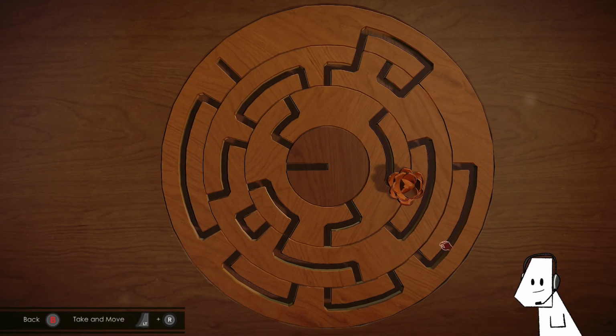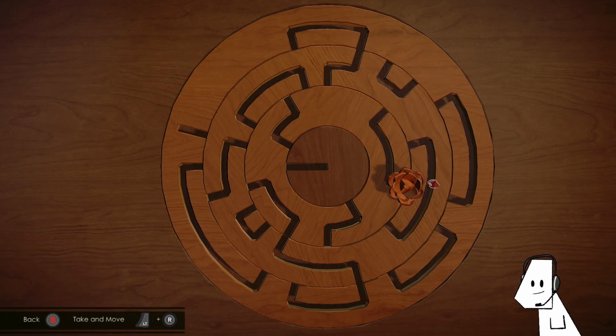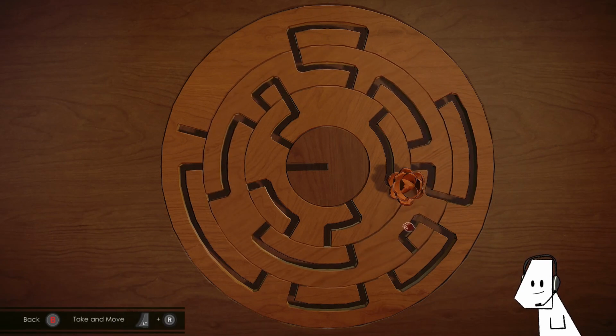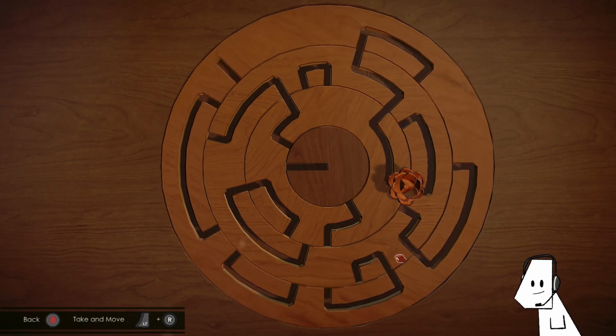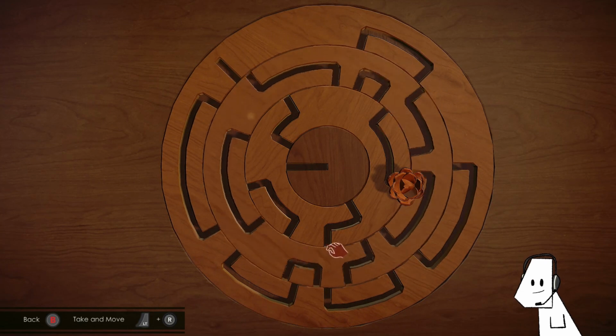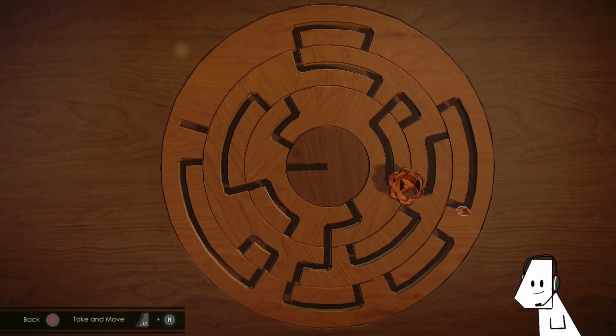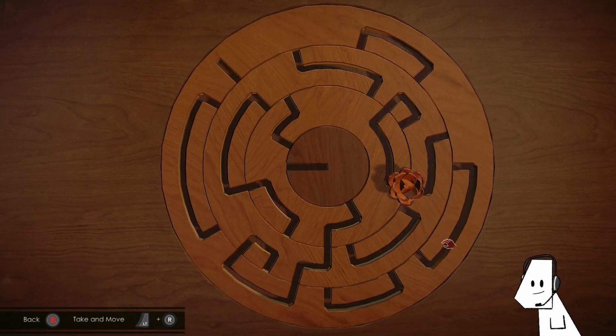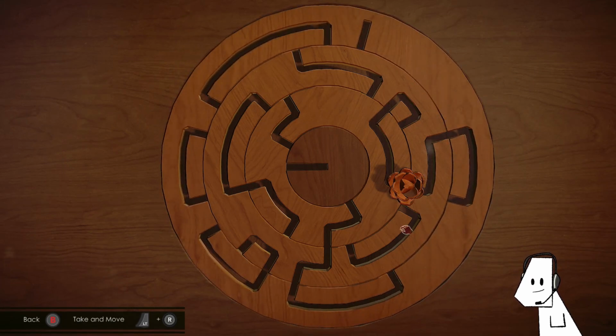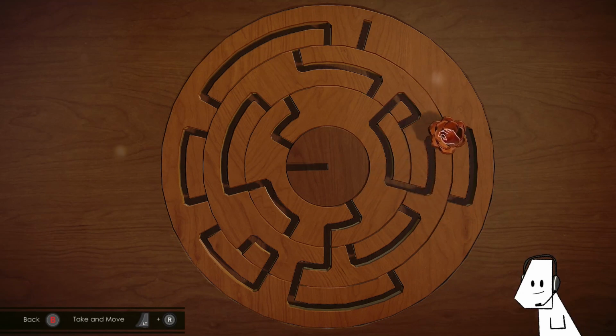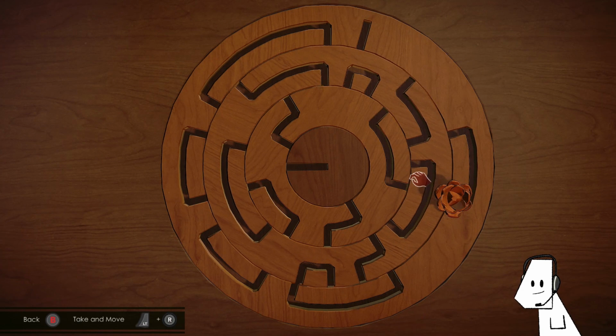Oh, for goodness sake. I think maybe this was designed for, what's it called? For a mouse and keyboard. I think that might be what's going on here, because I feel like using a mouse and keyboard this would be a lot easier.